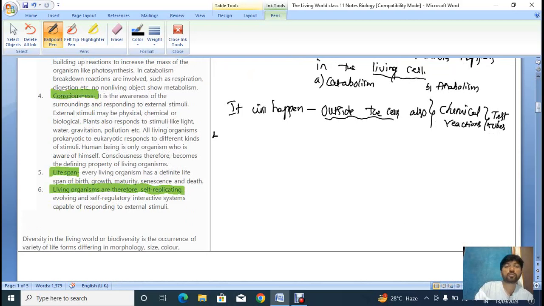Then number 4, let us understand about the next character, that is response to surroundings or consciousness.